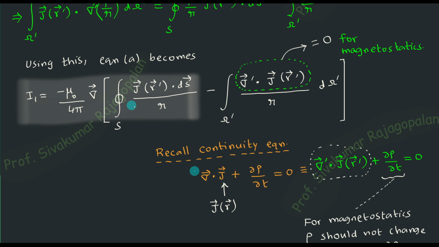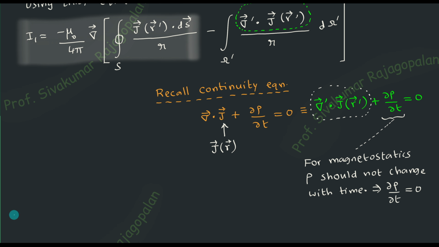So now we are left with only the first term, and let us see what can be done for it. I'll write down the first term. I'm not doing anything, only writing down the first term.